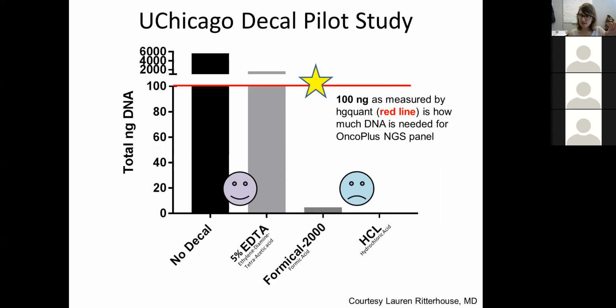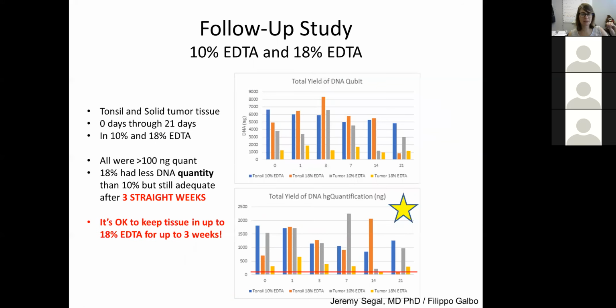So we know 5% EDTA worked. We went back and we looked at 10% and 18% EDTA. Amazingly, both of those also worked. So tissue submerged in 10% or 18% EDTA for up to 3 straight weeks, not removed, 3 straight weeks, were fine for molecular testing, all right?